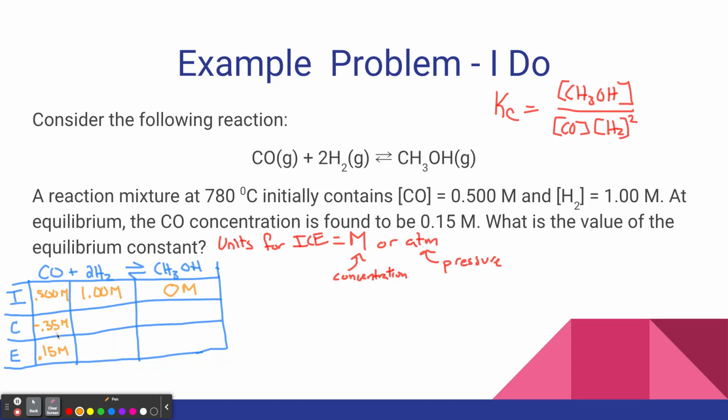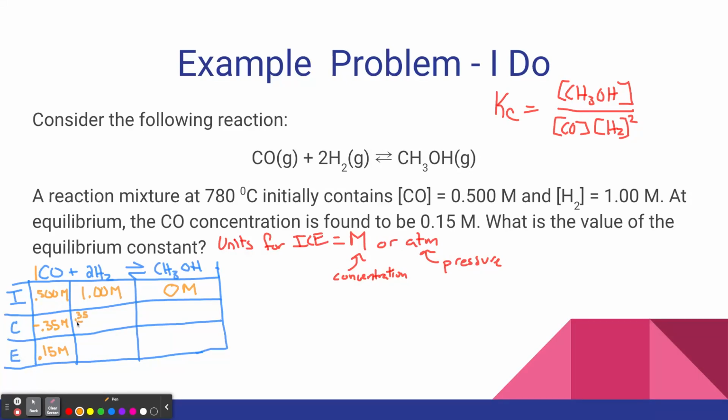We can now determine the change for our hydrogen gas and for our methanol. When we're working in an ice box, we divide by the stoichiometric number we're in. Remember, there's really an invisible 1 in front of carbon monoxide. And then we multiply by the number we're going.